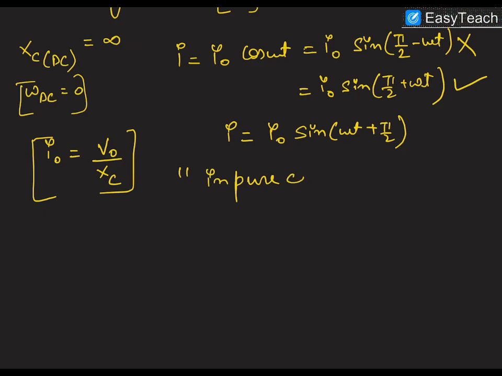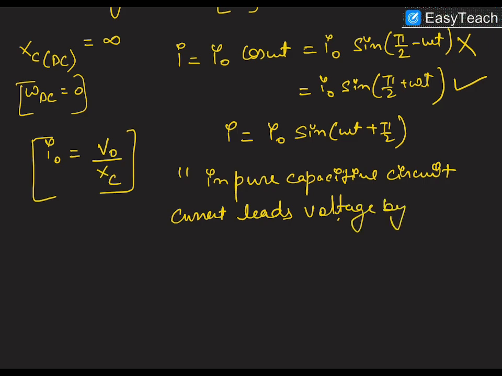So in a pure capacitive circuit, we can say that current leads voltage by pi by 2 in phase. Current leads voltage by pi by 2 in phase in pure capacitive circuits. Okay, this is a very important thing.